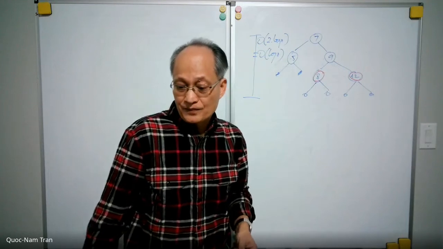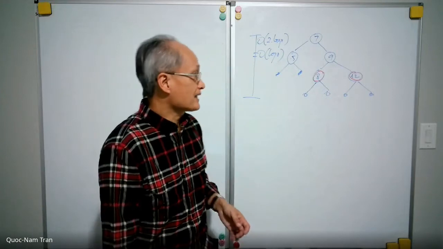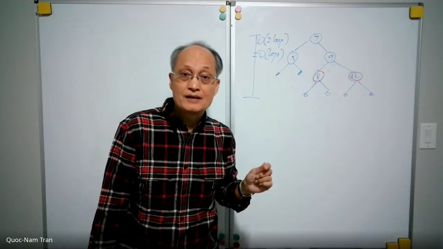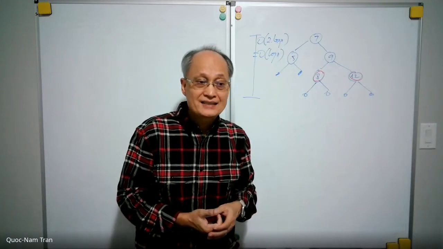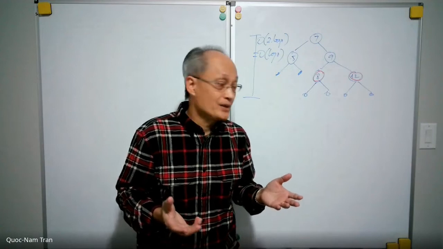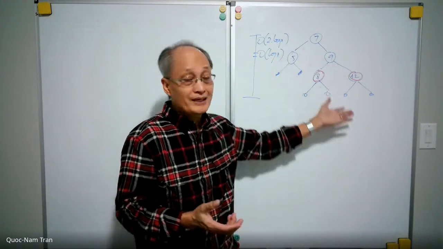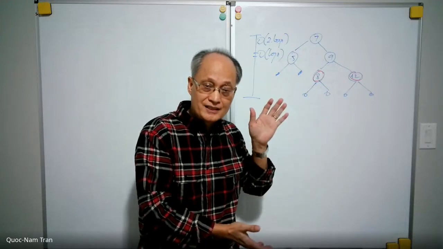For example, the Linux kernel started to use the red-black tree for scheduling of the processes, instead of using a heap before. Why? Because if we use a red-black tree like this, we have a balanced tree.